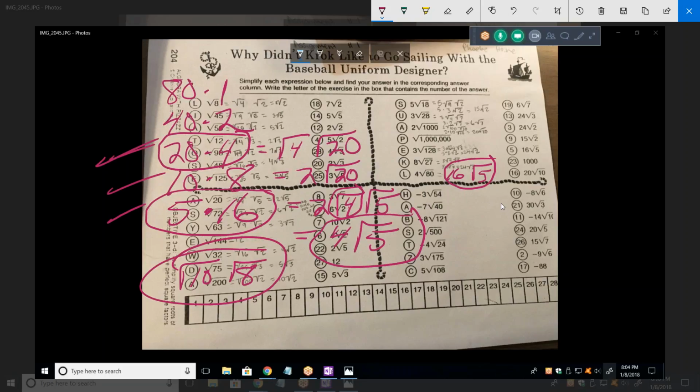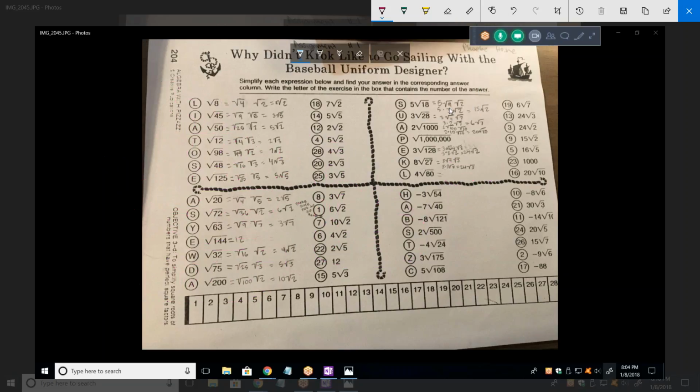Okay, so let's have you do the next one, which is what? I'm a little confused here. I guess the numbers are the answers and the letters are the questions. Well, he said that we didn't have to solve the riddle, so just do every problem. Could we do 19?